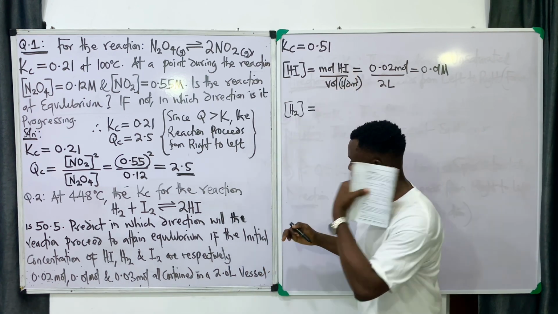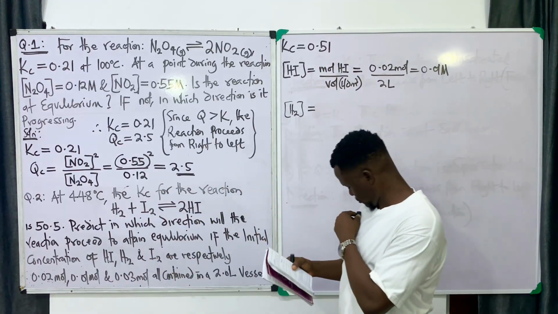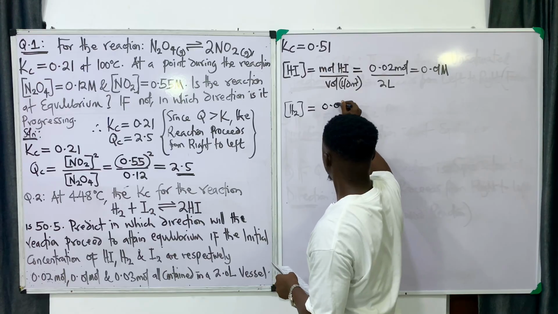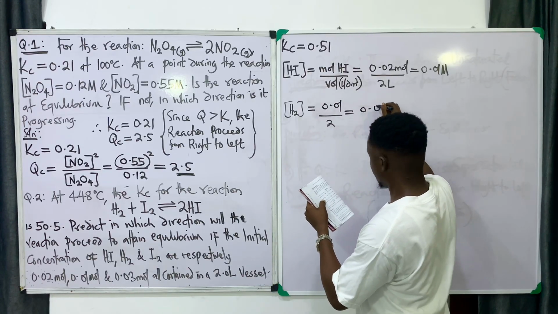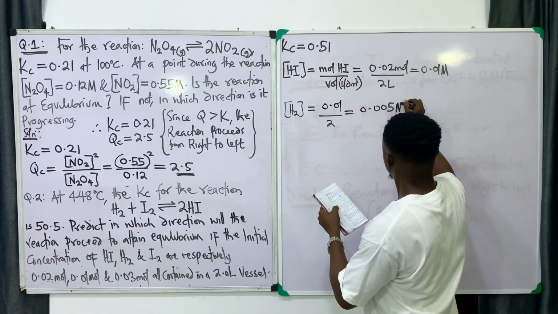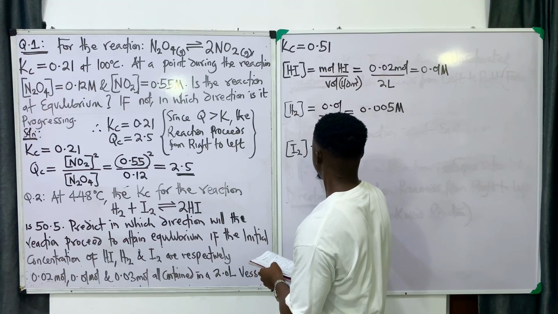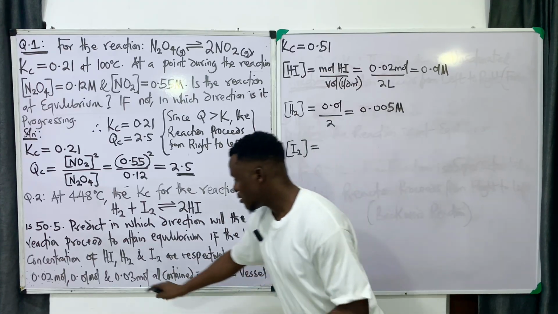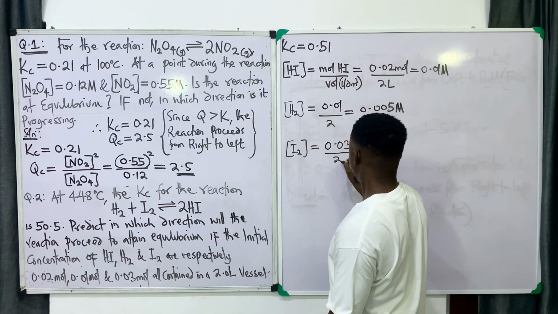And that of hydrogen. The mole of hydrogen, I don't have to rewrite this formula again. The mole of hydrogen is 0.01. So this is 0.01 divided by 2. Now the answer there is 0.005 molar. And that of I2 is 0.03 divided by 2.